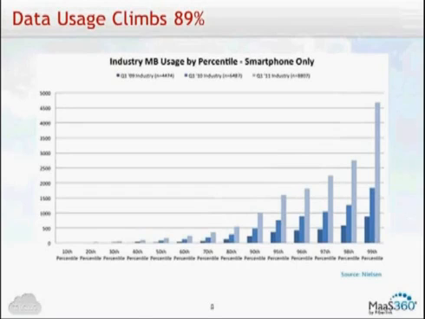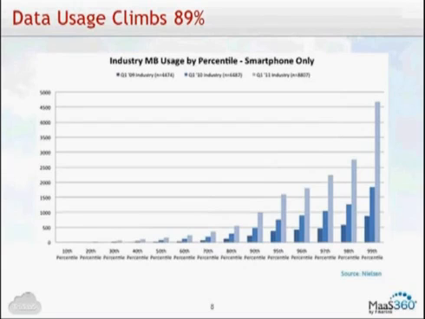Now, granted, that's 2 quarters back, but still, this is just an extremely interesting chart itself. If you take a look at it, in the last 12 months, the amount of data the average smartphone user consumes per month has grown 89%, from about 230 megabytes in Q1 of 2010 to 435 megabytes in Q1 of 2011.